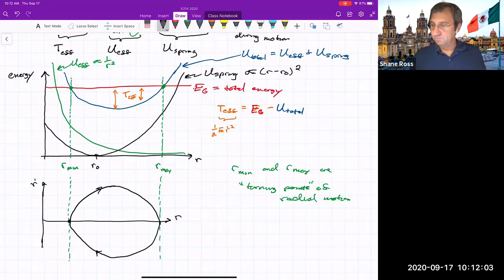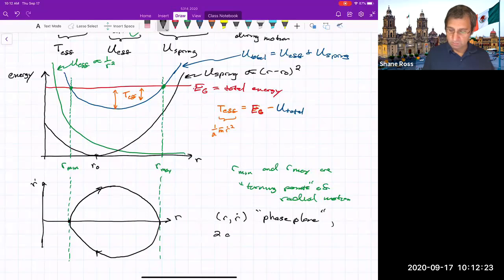But in terms of the energy perspective, okay. And I don't know if I've used this term before, but this is the r, r dot phase plane.